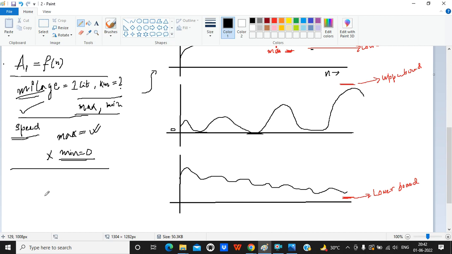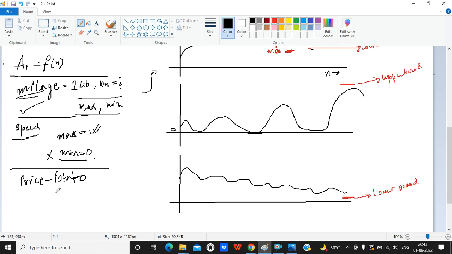I am giving you a very simple example. I hope you all visit the market. Suppose the price, recently in West Bengal, the price of potato. We Bengali people usually take potatoes heavily, in every dish we have potatoes. You know that the price of potato will never reach zero.